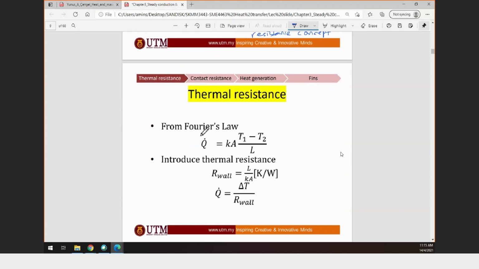Okay, first we know that for heat conduction, this is the basic equation. From Fourier's law, heat conduction can be calculated if you know the thermal conductivity, the area, the temperature difference, and the thickness of the system. This is from chapter 1.